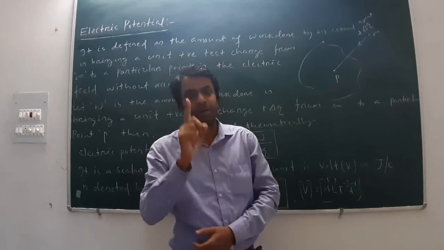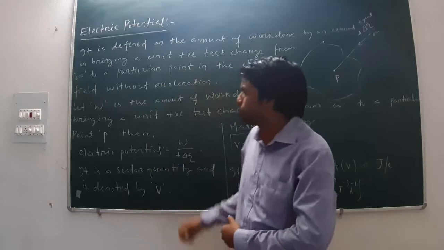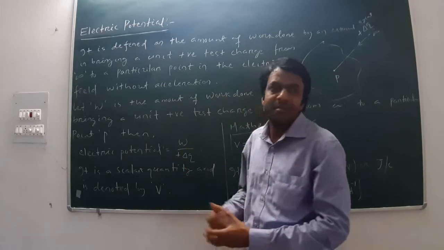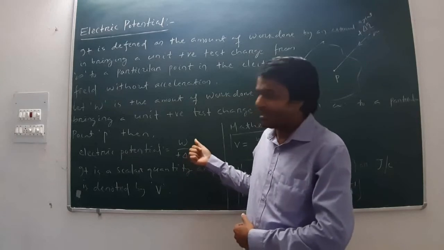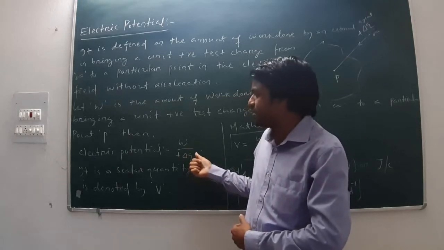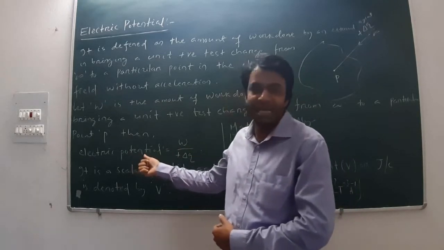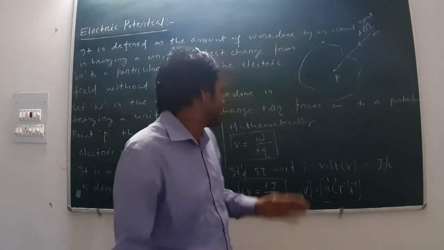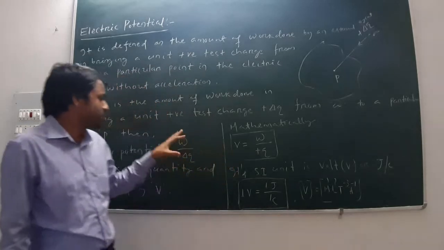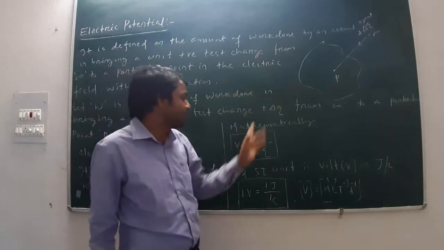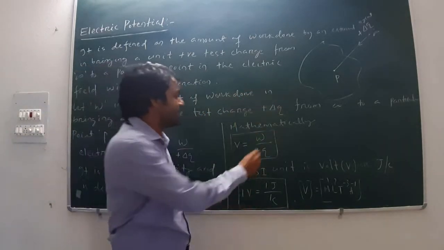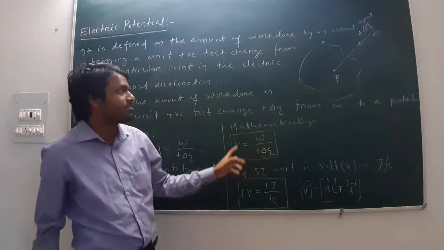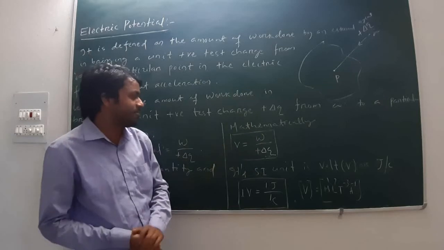Work done is a scalar quantity, charge is a scalar quantity, therefore electric potential is a scalar quantity and it is denoted by V. So mathematically, V equals the total work done W divided by the unit positive test charge plus del Q. That is the mathematical expression for the electric potential.